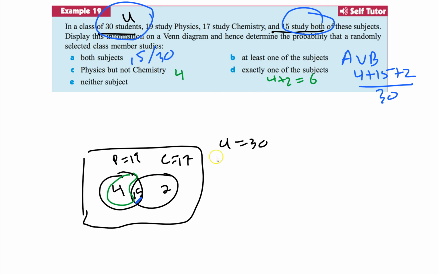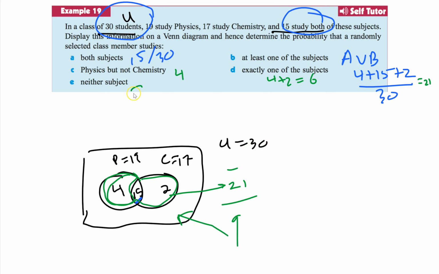And then neither subject. This is interesting. We haven't talked about this yet. Notice if we add up all this, which we did earlier, it equals 21. The union right here equals 21. Well, there's 30 kids in the class, so you subtract them, and there must be 9 on the outside.